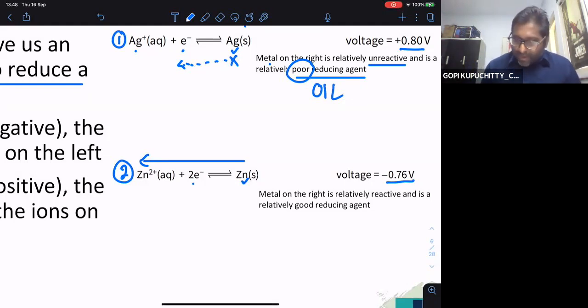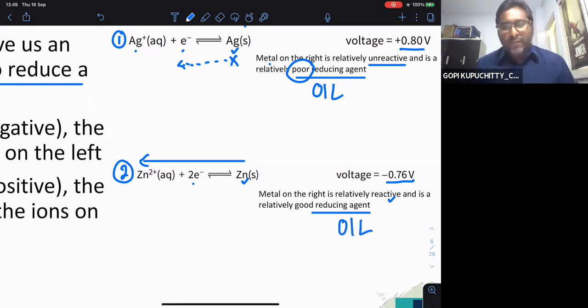So I can say it is relatively reactive and a good reducing agent. What is a reducing agent? Something that reduces others but itself undergoes oxidation. What is oxidation? Loss of electron. Can zinc lose electron easily? The answer is yes. So it is good.